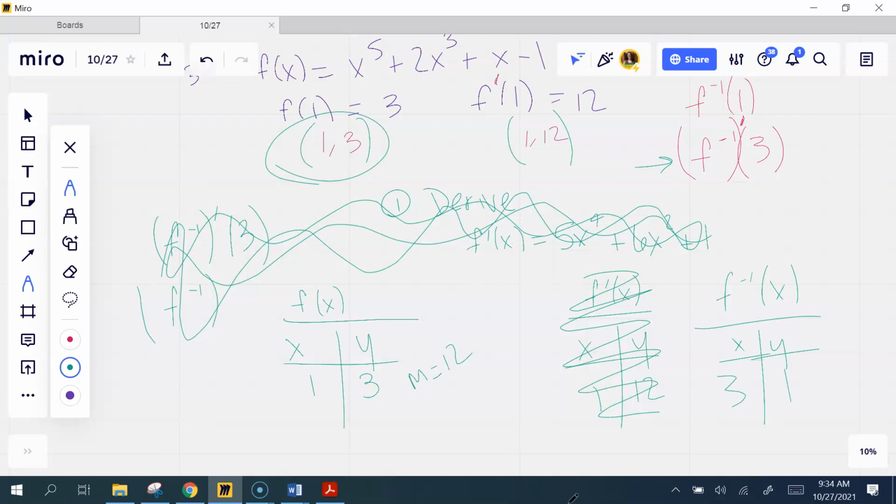Yes. So the inverse derivative at 3 would be the slope, the reciprocal of this slope. Yes. 1 over 12. A negative 1 over 12. Wait, so you just swap the x's and y's? It's not negative reciprocal, it's just reciprocal.